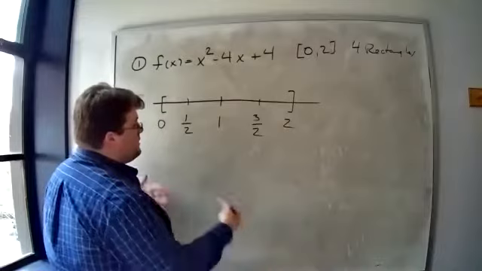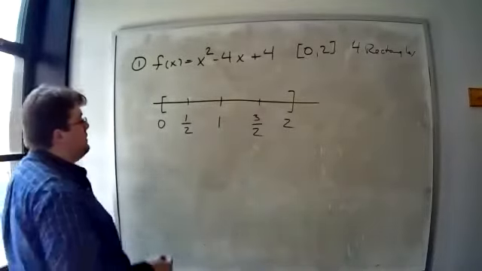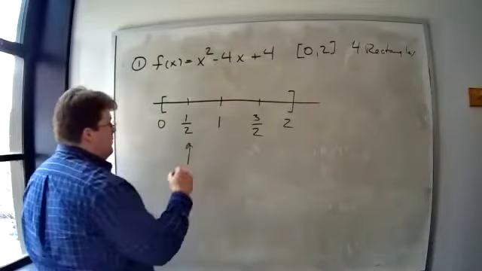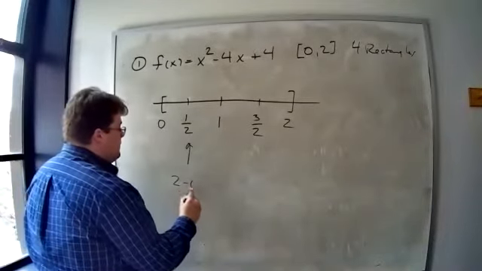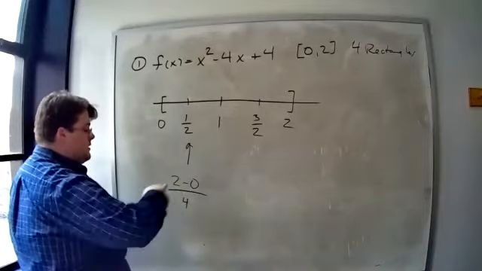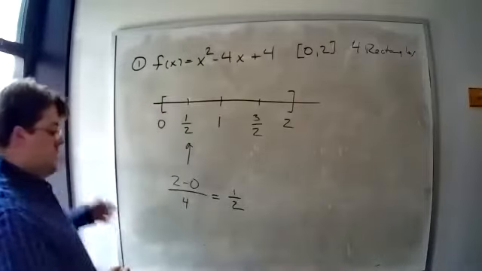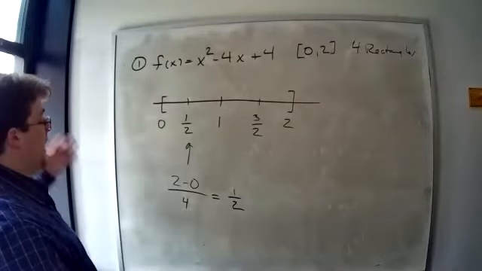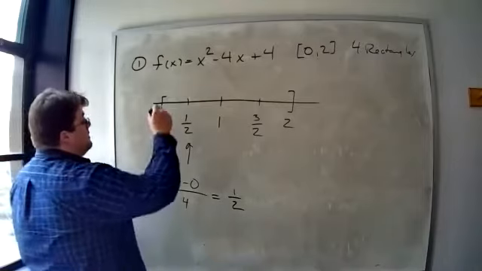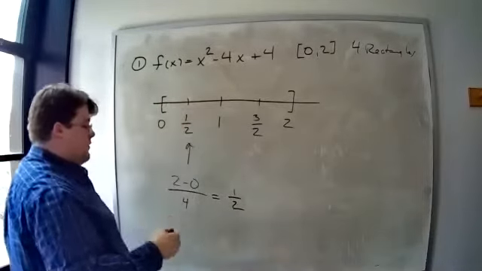If you wanted to find these points algebraically rather than geometrically, we'll observe we're taking the interval 0 to 2, which has length 2 minus 0, dividing that into 4 pieces. So each sub-interval is going to be a half. And to find this first x value, you go from 0 over 1/2.